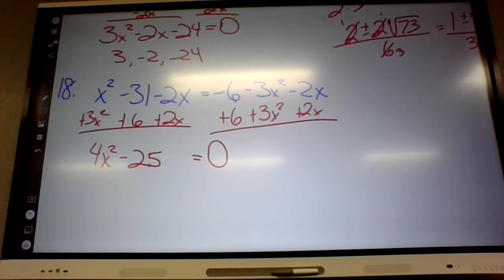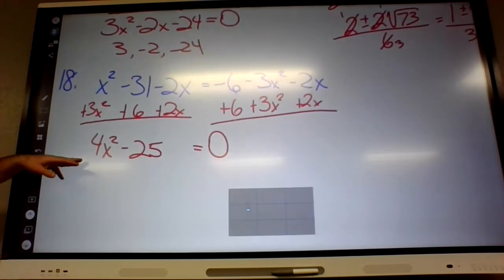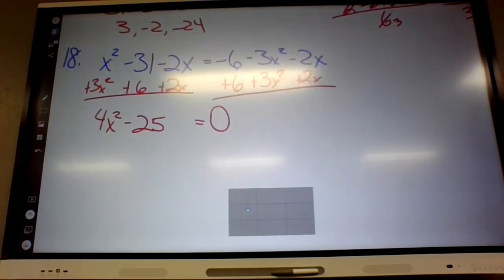That's what I got when I added everything to the left.